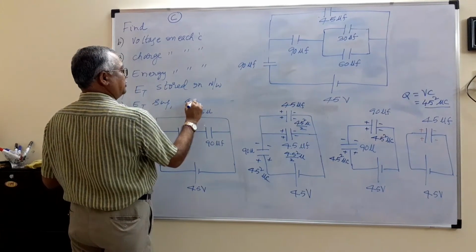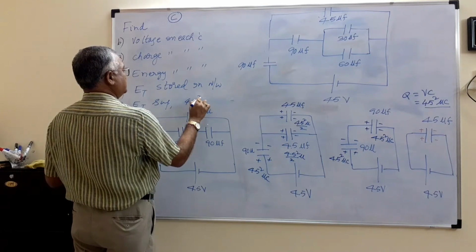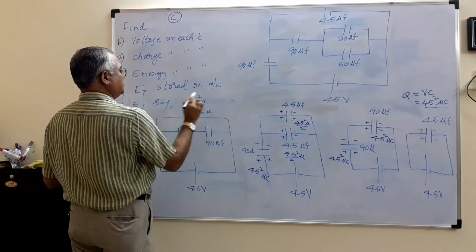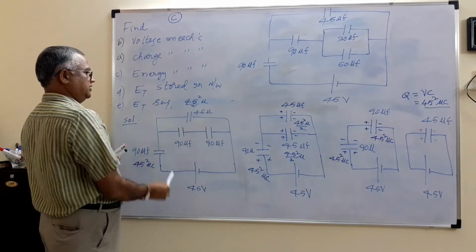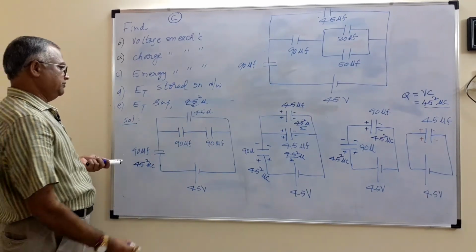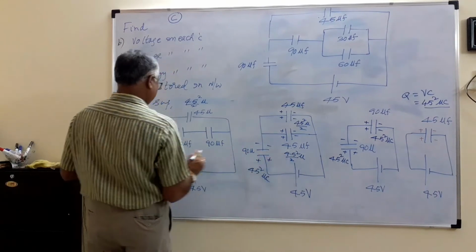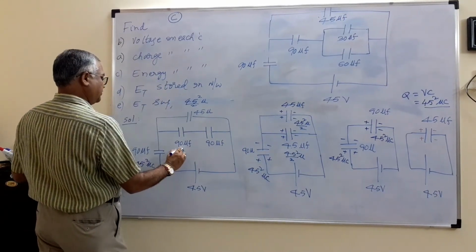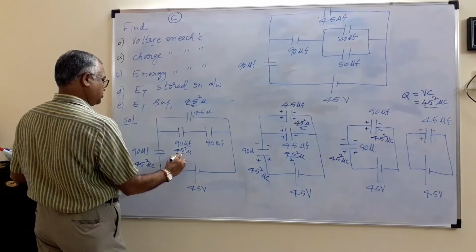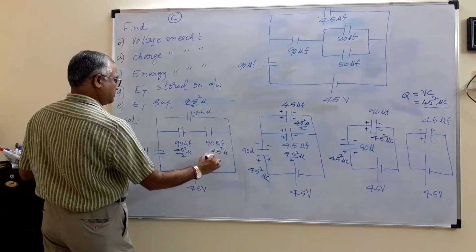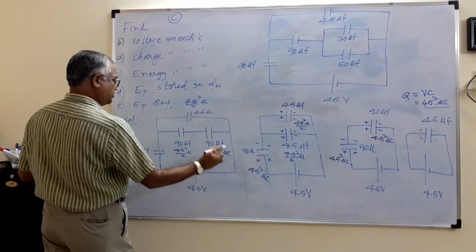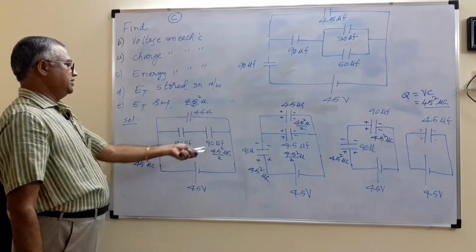So here 45 square by 2 micro. Now here. So these two are connected in series. Series means what is same? Charge same. What is the charge here? 45 square micro by 2. Charge here also 45 square microcoulombs by 2. Because series same charge.